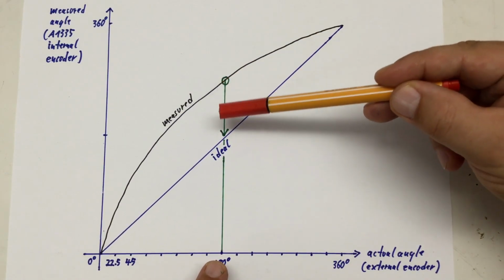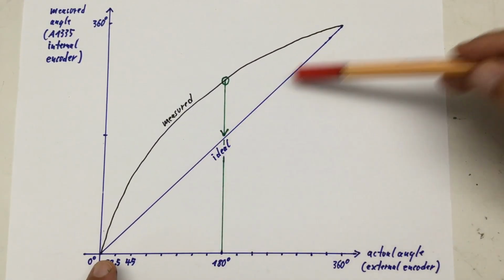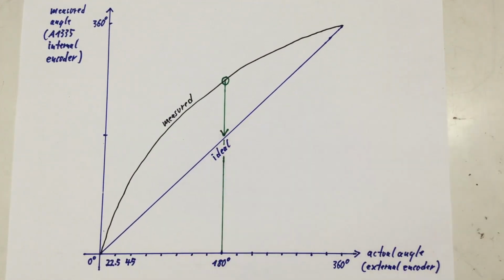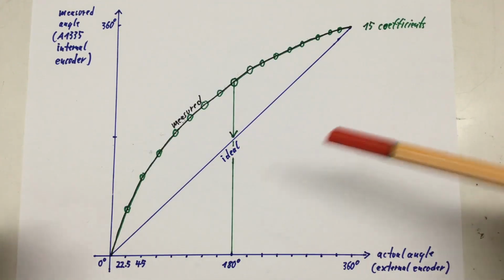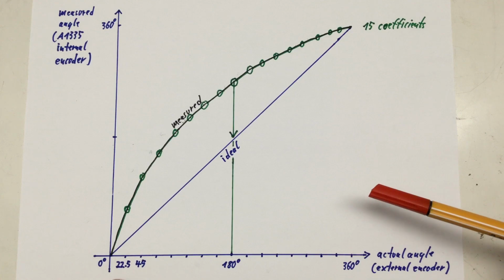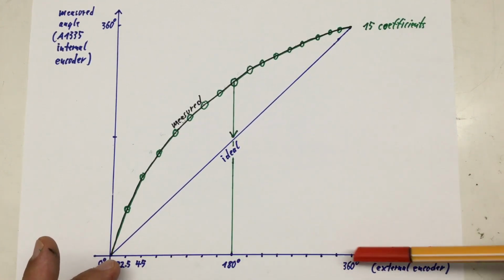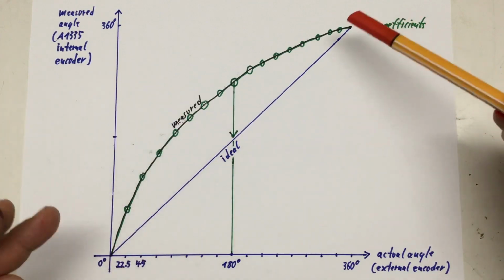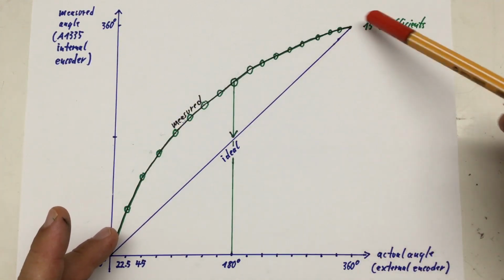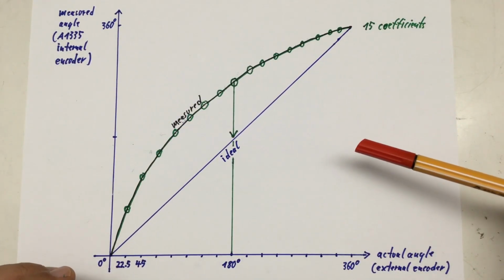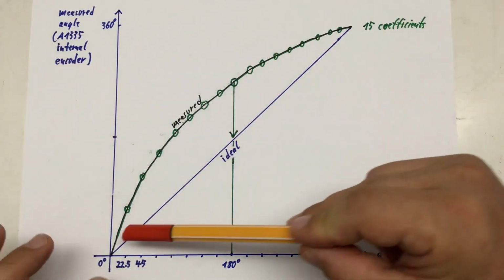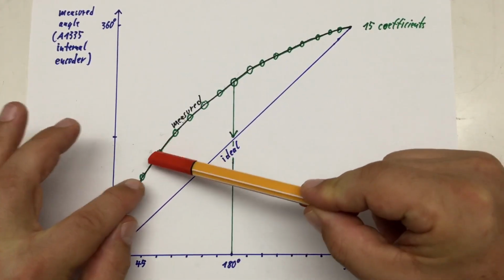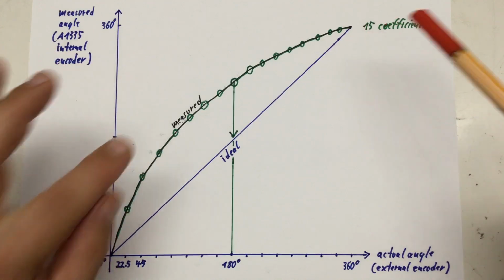So it can correct down to our ideal linearized curve. And you do that for every 22.5 degrees. That gives you a total of 15 correction coefficients here on that curve. And the A1335 will linearly interpolate between the points you give it.